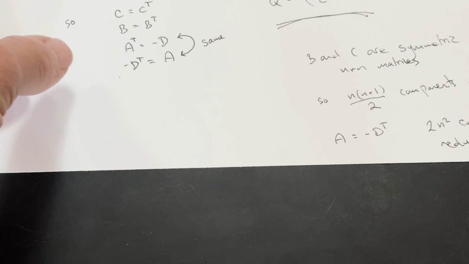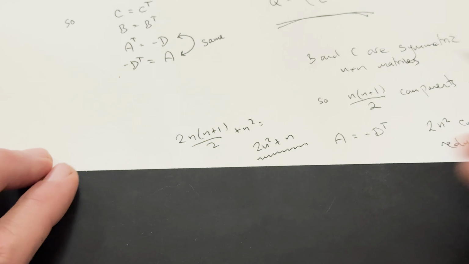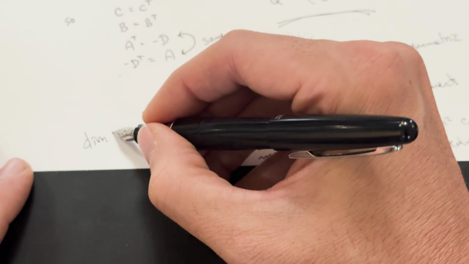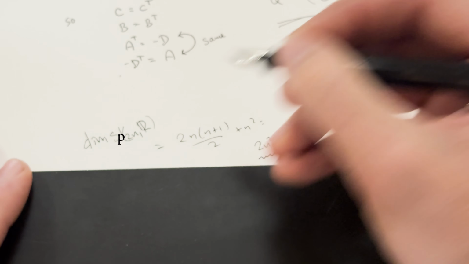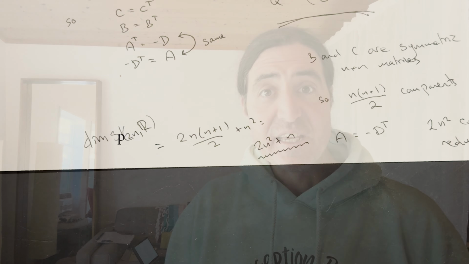And so we just get n squared. So altogether, we have from the two diagonal blocks n squared linearly independent directions, and from B and C respectively we have n squared plus n over 2. So in total we find 2n squared plus n linearly independent members of the Lie algebra.